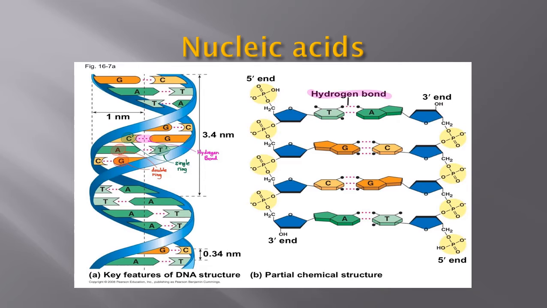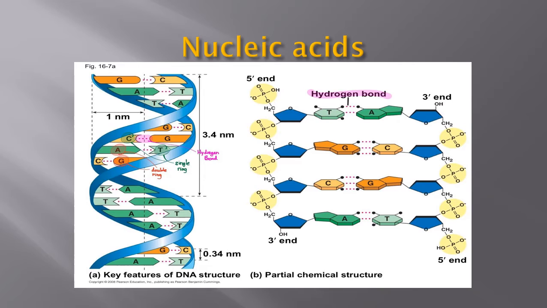So now you find that in the DNA, adenine always pairs with thymine, and guanine pairs with cytosine. The hydrogen bonds between these nitrogenous bases keep the two strands together and make the DNA molecule get a spiral appearance.